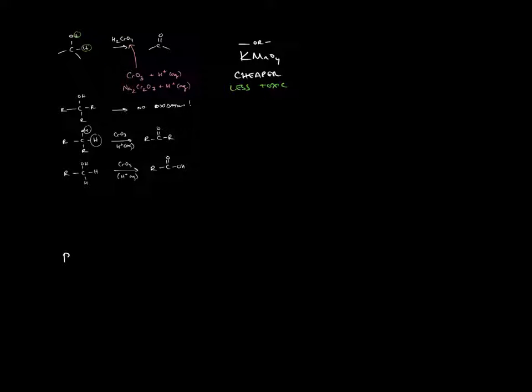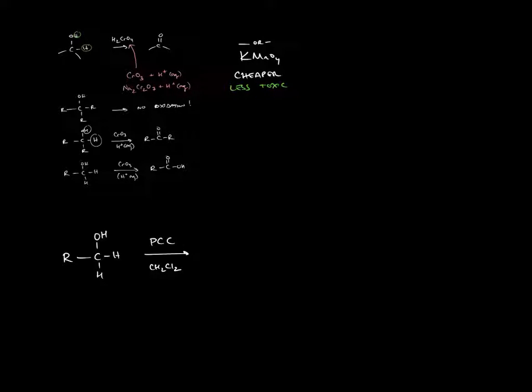If, however, we want to stop after one oxidation, we can use a compound called pyridinium chlorochromate, which is another chromic acid reagent. However, being attached to pyridinium, it is soluble in dichloromethane instead, or other organic solvents.